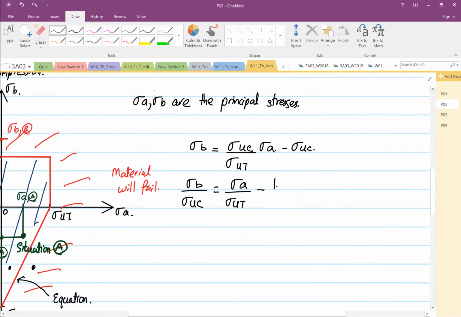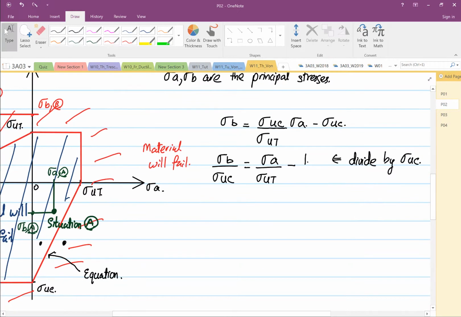We divide by stress UC, so we just rewrite this: 1 is equal to stress A over stress UT minus stress B over stress UC.